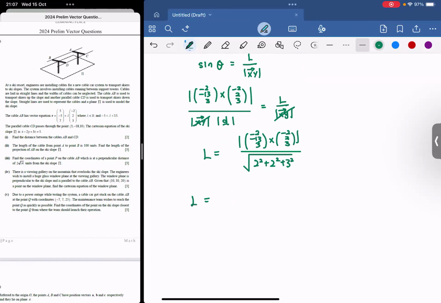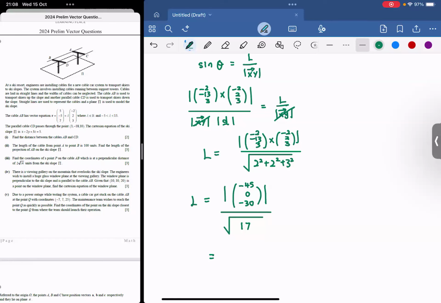So L is equal to, when you cross this, what do we have? -39, -45, -6, 0, -4, -30, over square root 4, 8, 17.